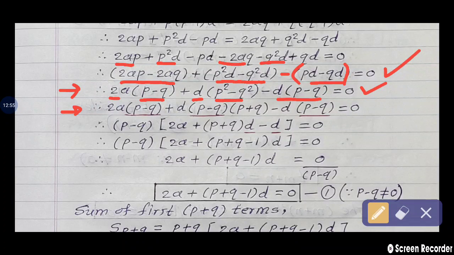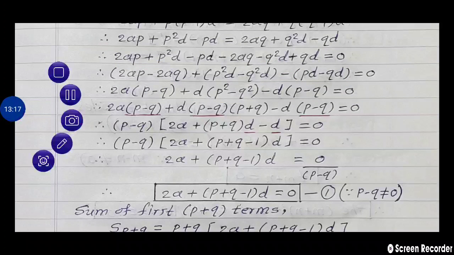So p square minus q square, here we use the formula a square minus b square, whose factors are a minus b, a plus b. By using that formula we write the answer. p square minus q square means p minus q multiplied by p plus q, and the remaining terms remain as they are. So in this step, check it carefully.